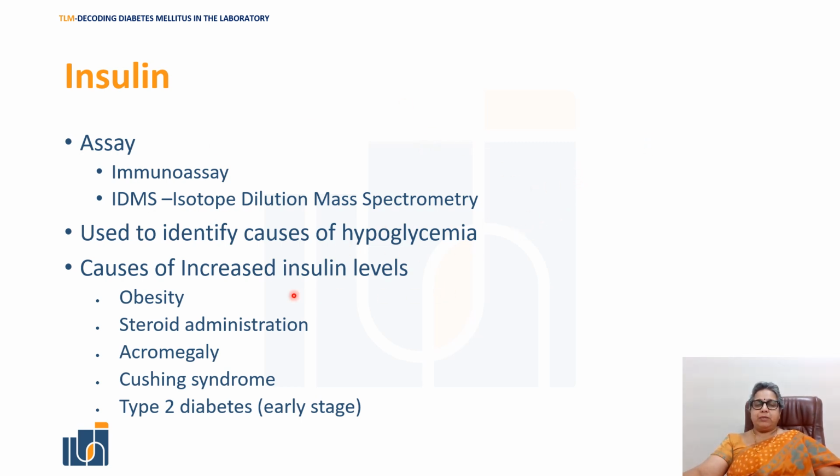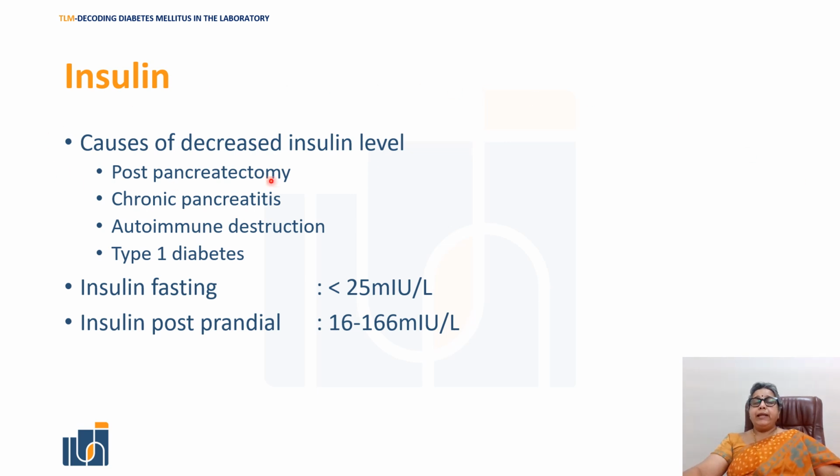So what are the causes of increased insulin levels? Obesity, steroid administration, acromegaly, Cushing syndrome, and early stages of type 2 diabetes. All this will lead to an increase in the insulin levels. Decreased insulin levels occur in post-pancreatectomy, chronic pancreatitis, autoimmune destruction, and type 1 diabetes.